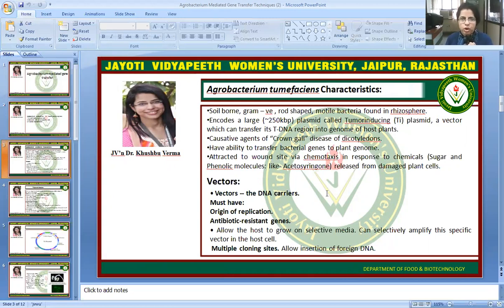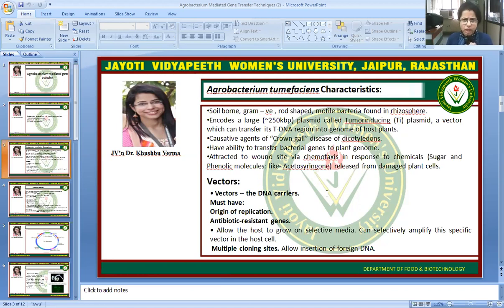It is the causative agent of crown gall disease of dicotyledons, has the ability to transfer bacterial genes to plant genomes, and is attracted to the wound site via chemotaxis in response to chemicals like sugars and phenolic molecules like acetosyringone released from the damaged plant cell parts.